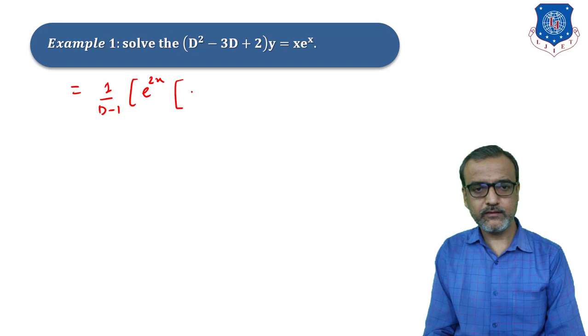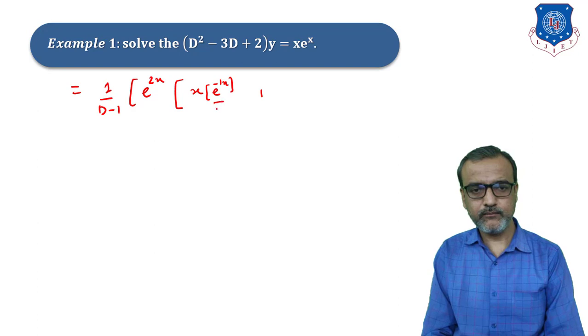Now integration of e raised to minus x is e raised to minus x upon minus 1. Then again we integrate e raised to minus x upon minus 1, that is e raised to minus x upon minus 1 square, that is 1. And then we keep alternate signs, plus minus. So this is the integration of x e raised to minus x.